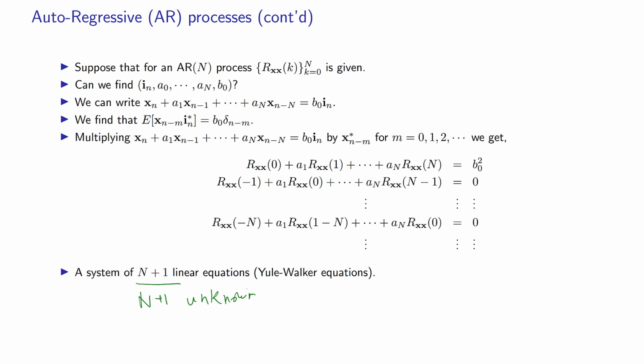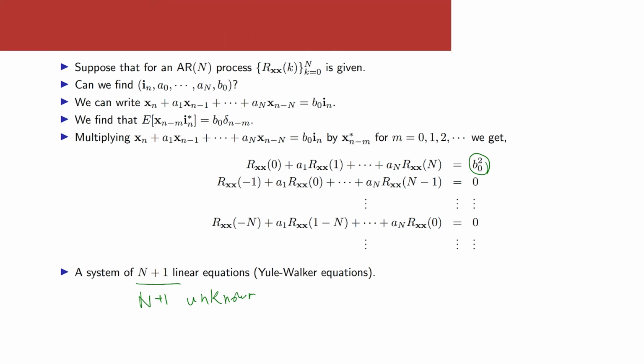Which, if we solve it, will give us the solution. And this set of equations is linear in terms of these numbers. Remember that your unknown parameter here is b naught to the power 2, not b naught. So we can determine b naught to the power 2 and not b naught. So the sign is not calculated.